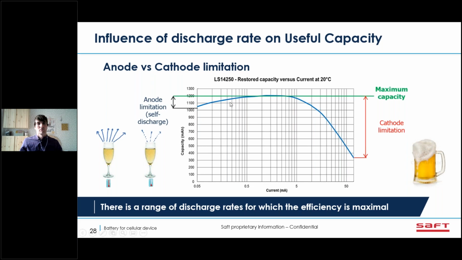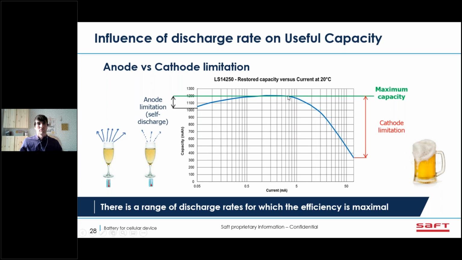After that, you can have a look at the shape of the curve on the anode limitation side. At a lower discharge rate, if there is a huge decrease of the capacity, it's an indication that the level of self-discharge for this chemistry is extremely important.